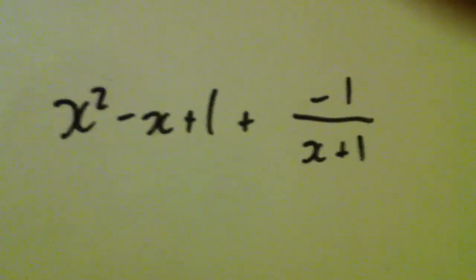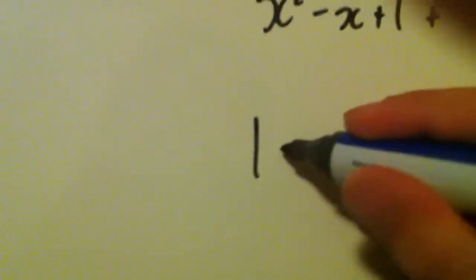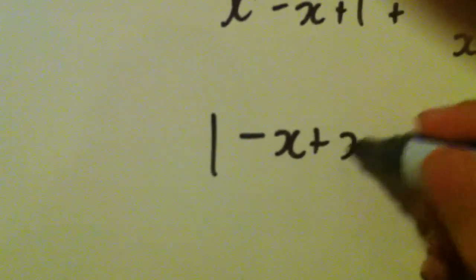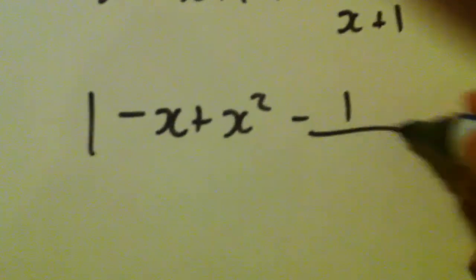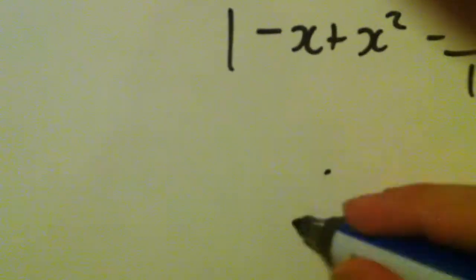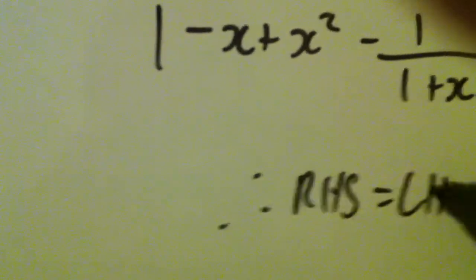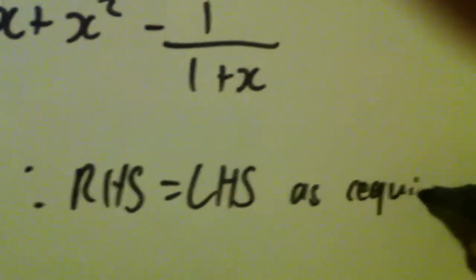Now if we rearrange all of this and sort of simplify it down, we get 1 minus x plus x squared minus 1 on 1 plus x. Therefore, right hand side equals left hand side as required.